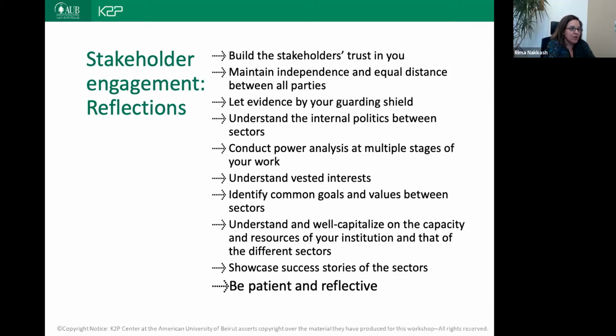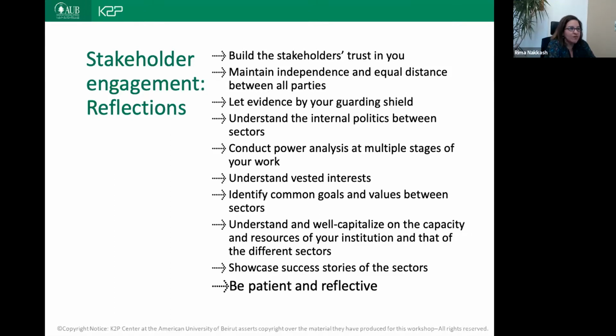Again, identify common goals and values between the sectors and capitalize on the resources that are available in institutions. This is the value of partnership. Each stakeholder on the table has various resources and strengths, and it's very important to leverage the strengths of stakeholders, and to showcase success stories in those sectors.